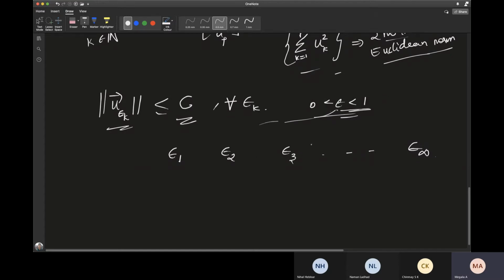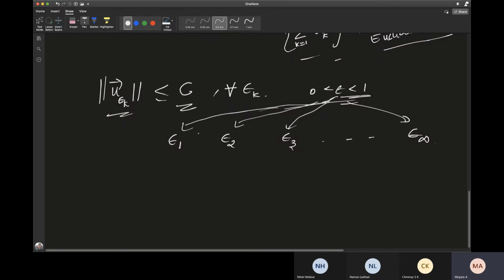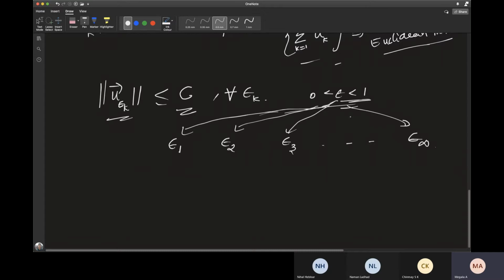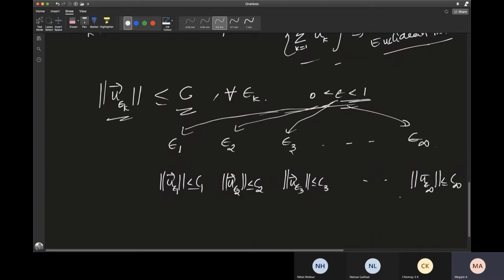Although it's uncountable, I'm just writing a few of those to demonstrate it, because we can't count them and we can't write them all. So for each of the epsilons, let's say the norm of u epsilon 1 is less than or equal to some C1, and the norm of u epsilon 2 is less than or equal to some C2, and so on, up to C infinity.